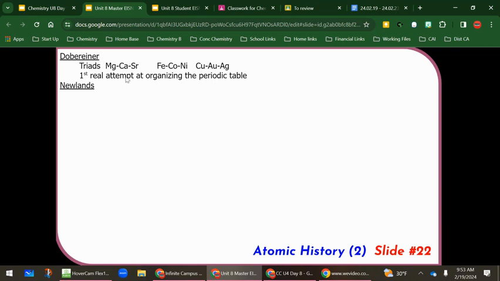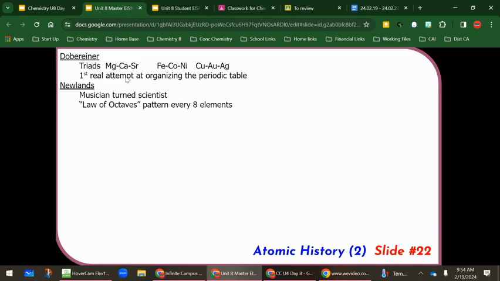Then Newlands came along. You know Newlands? Well, he's different than Oldlands. Younger version. Newlands was a musician who turned to science. But it was the fact that he was a musician that helped him, ladies and gentlemen, because he created what is called the law of octaves. Again, law, impressive. Octaves, what is octa? 8. He said there is a pattern in the elements that repeats every 8.